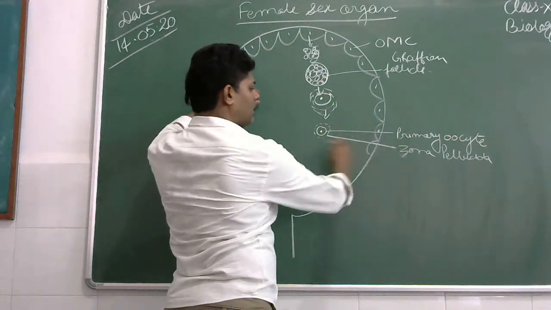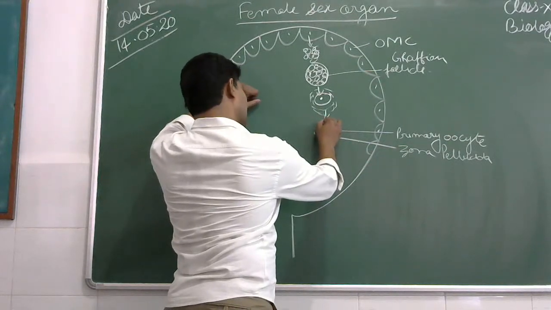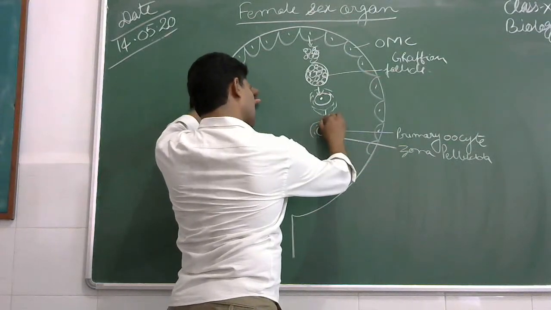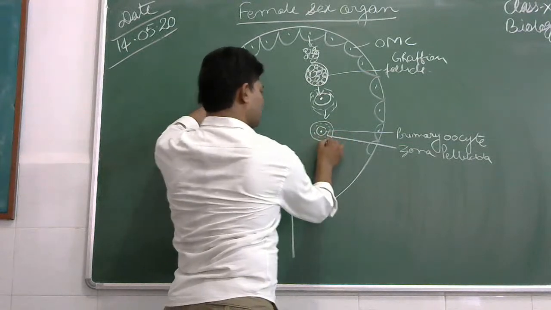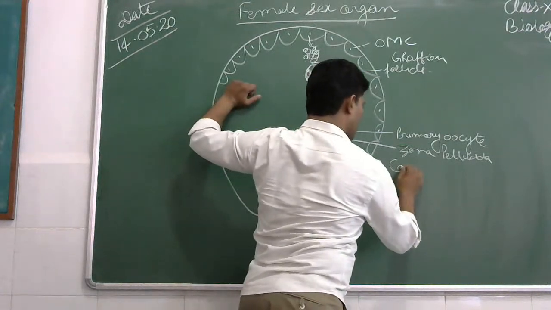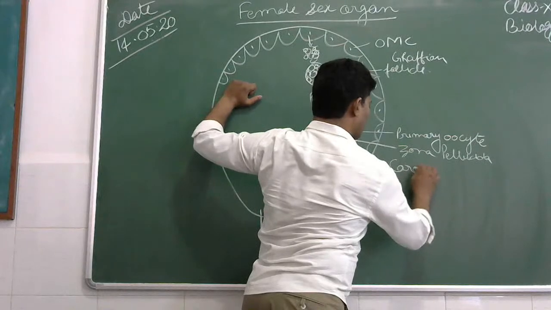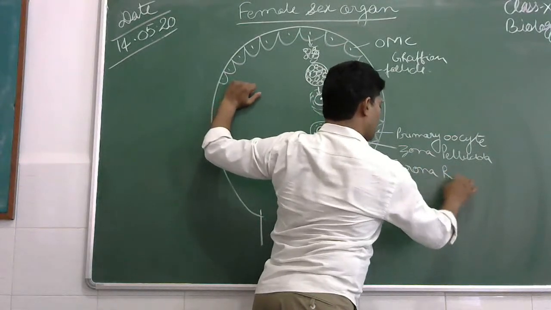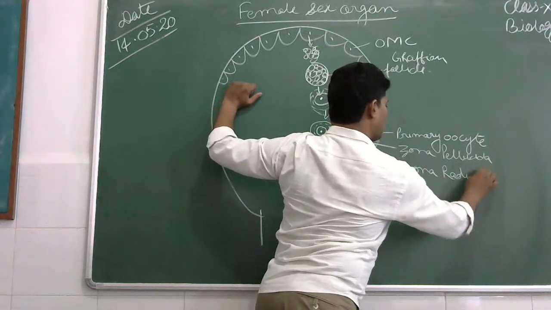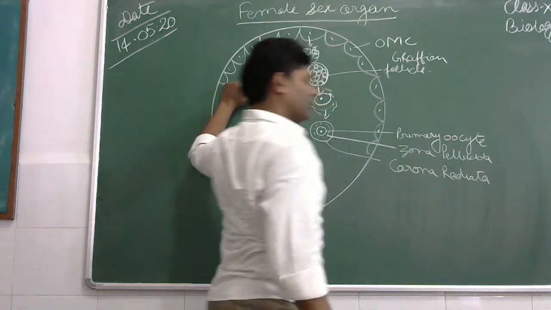Immediately after the zona pellucida is a thin covering that is termed the corona radiata.